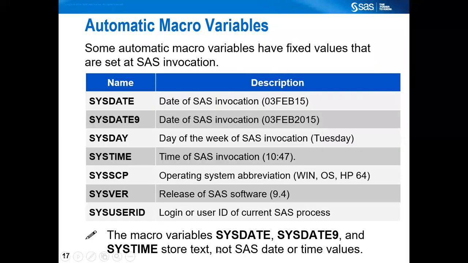It's also telling macro variables sysdate9 and systime store text, not SAS date or time values. That's why at the beginning they were telling that macro is a text processing facility. So it saves all the values as text. Even if you have date or numeric values or time, they all are saved as text. They are not saved as numbers.